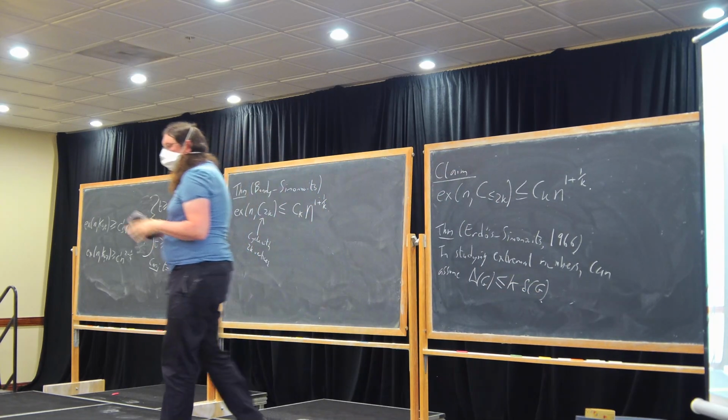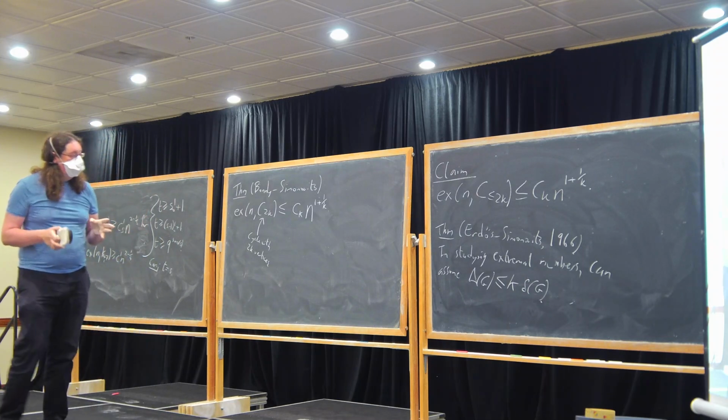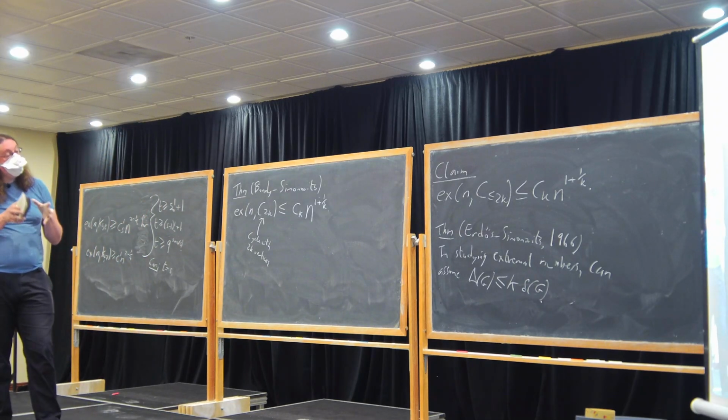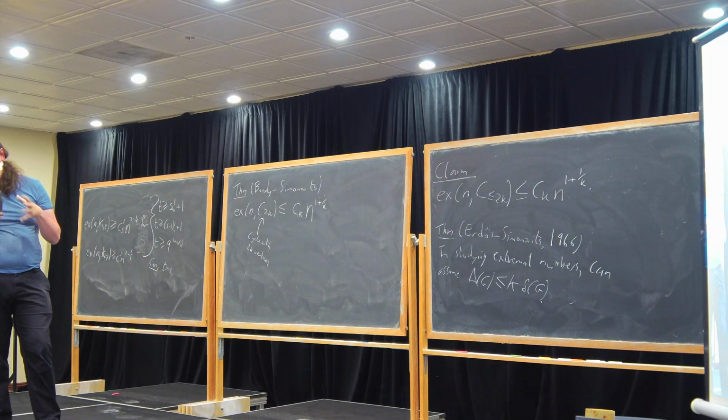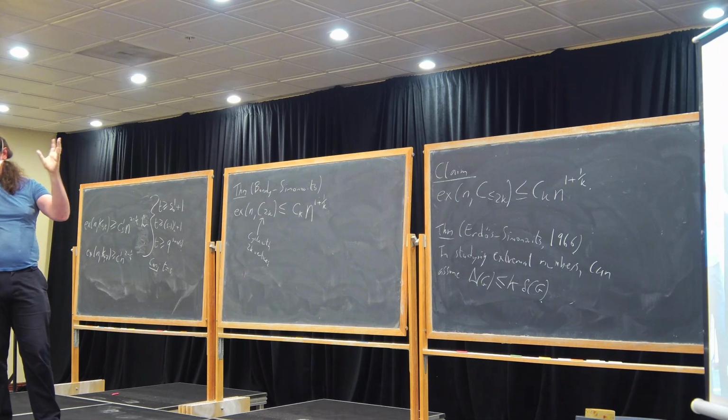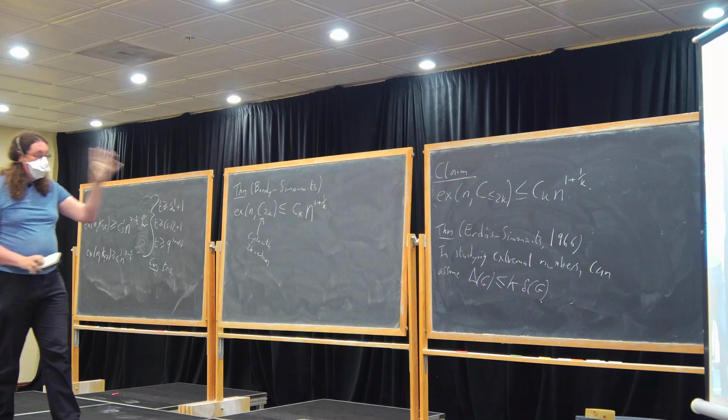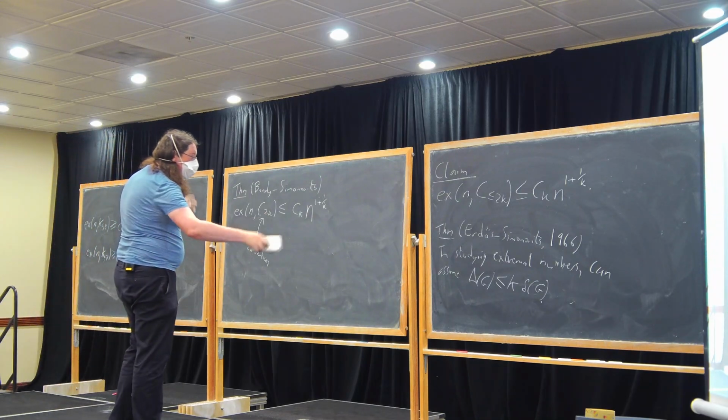This is not generally true for extremal problems, but within the context of extremal numbers, you can do this. You can assume that if the minimum degree is something, the max degree isn't that much larger. This is an important basic result in the area that's very useful.